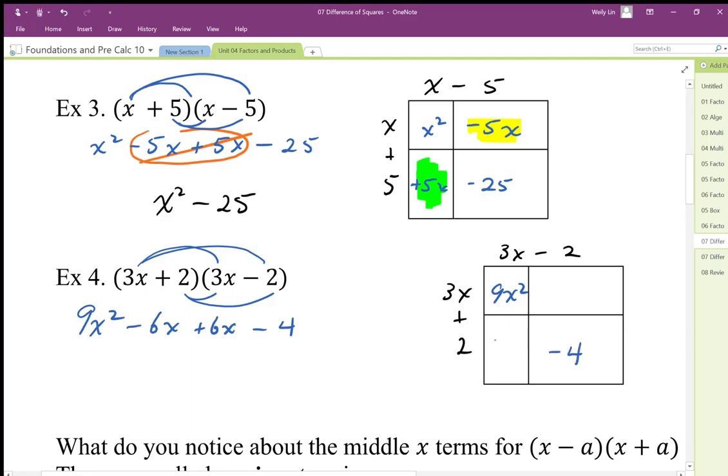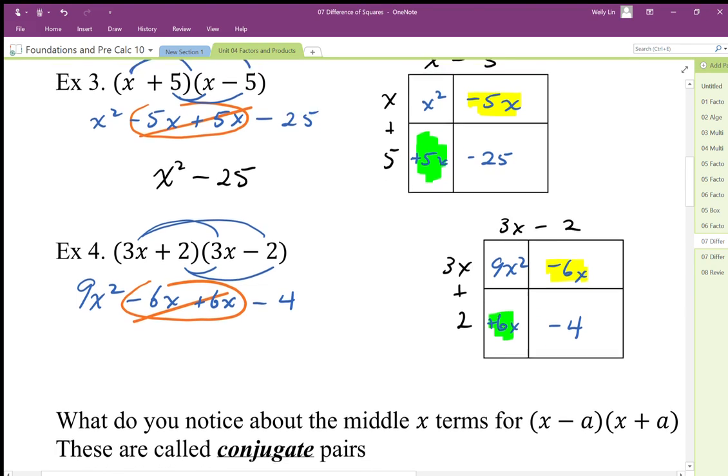These terms cancel out, with positive 6x, negative 6x, they are symmetrical, but they are the opposite symmetry, so we end up canceling those out. And when we look physically at this shape, when we get rid of these, we have 2 squares, and 2 squares do not make a square shape.